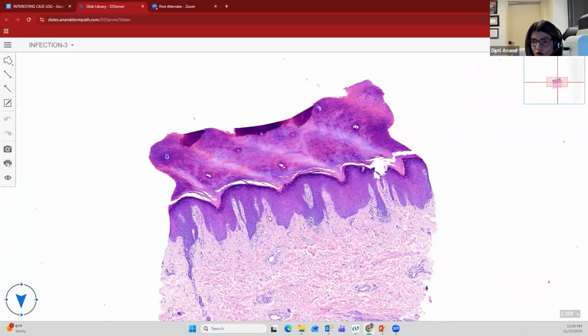One is from the palmar or plantar surface, most commonly the plantar surface, the thick acral skin, which is pitted keratolysis. The second is from an intertriginous site, like an axilla, which is for erythrasma. But overall, the biopsy looks minimally inflammatory. Like tinea versicolor, it will not incite much inflammation at all, so it looks essentially normal.